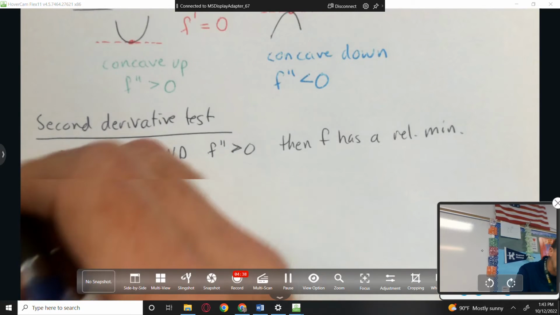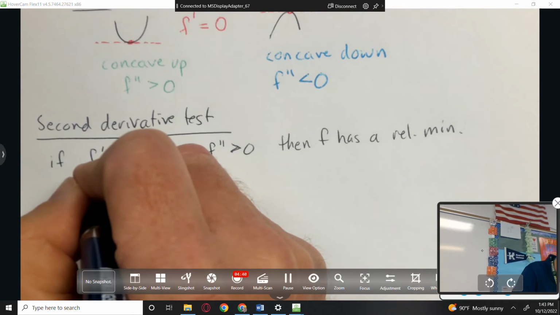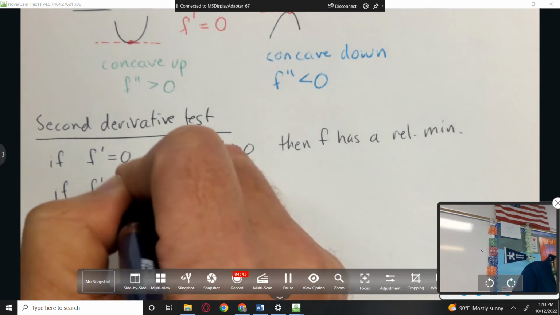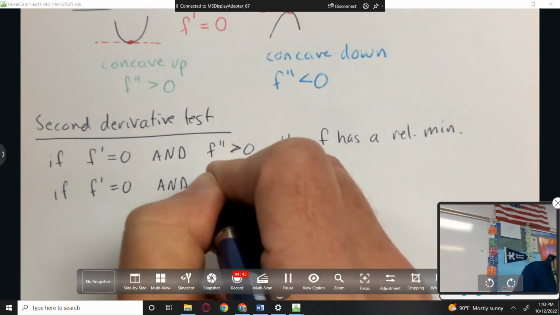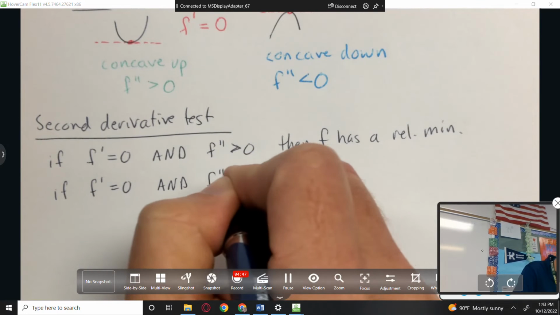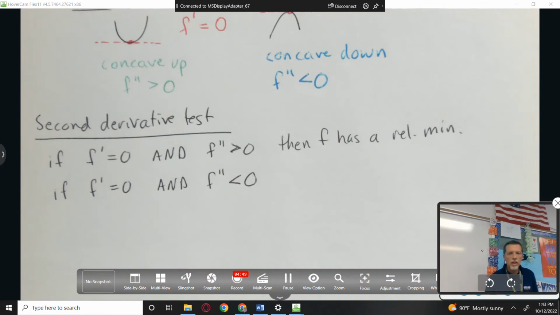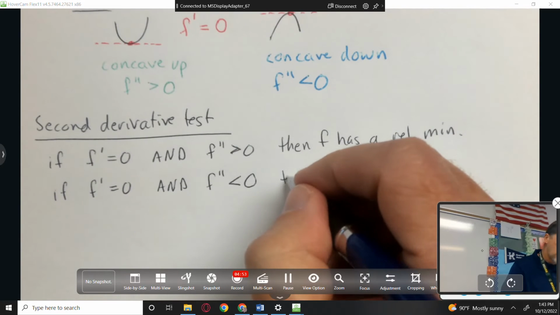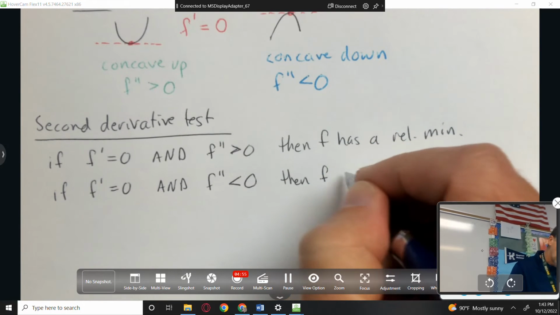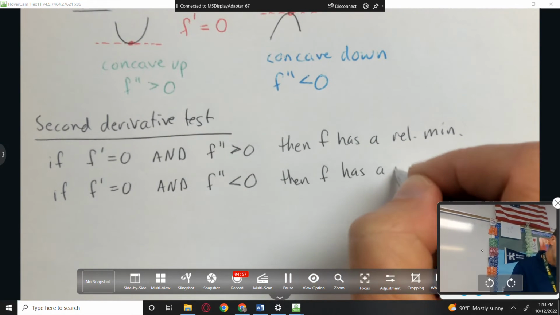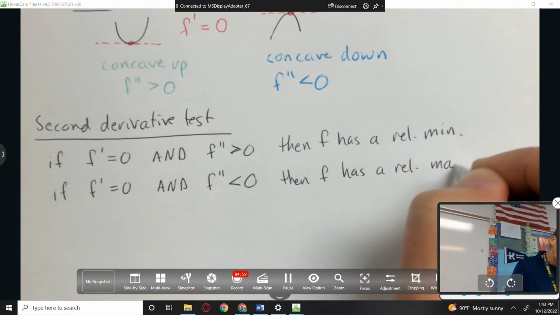Let's write the other one and then we'll pause for a moment. If F prime equals 0 and the second derivative is negative, meaning concave down, then F has a relative maximum.